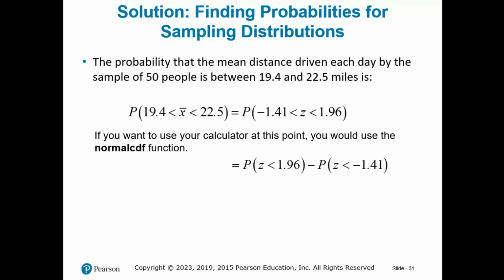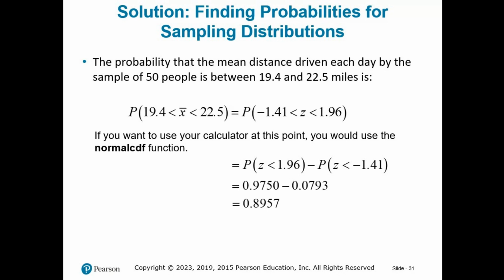In case you've forgotten how to do that function, you press the second key, then vars, then arrow to normalcdf, then put in your lower, which was negative 1.41, then your upper, which was 1.96, then make sure mu is 0 and sigma is 1, and then press enter as many times as needed to calculate. You may need to put commas in and close parentheses depending on your calculator.